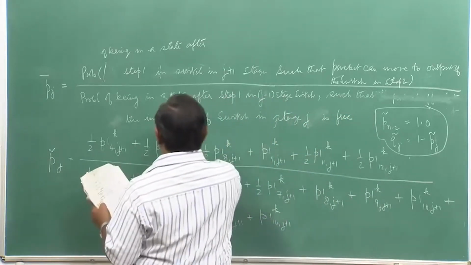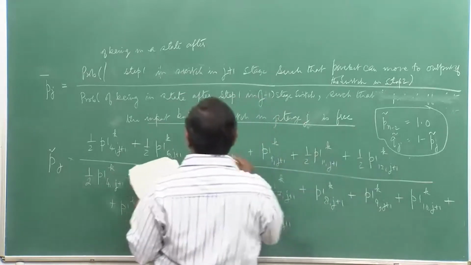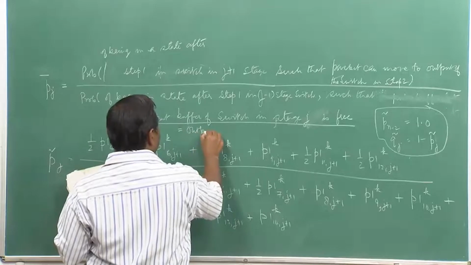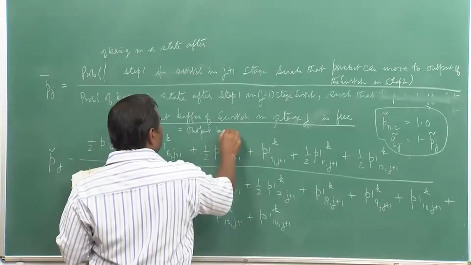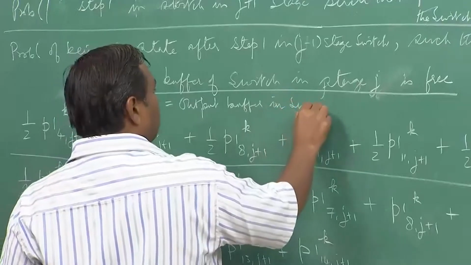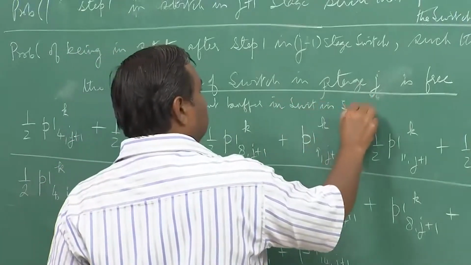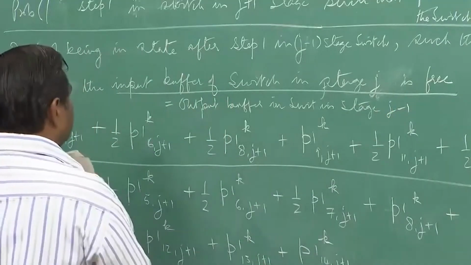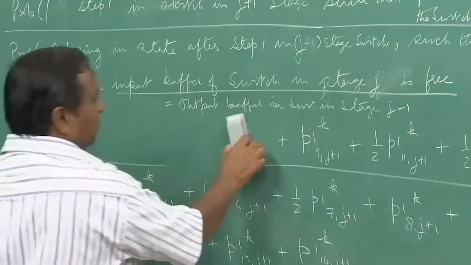Now this input buffer in stage j being free actually technically also equals the output buffer in switch in stage j minus 1. Okay. So this we will again decompute.